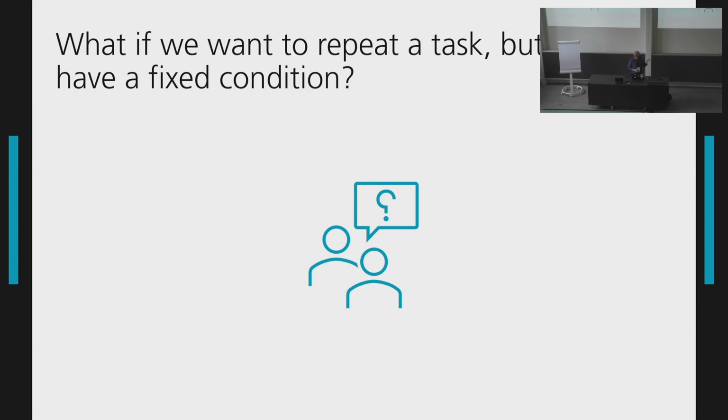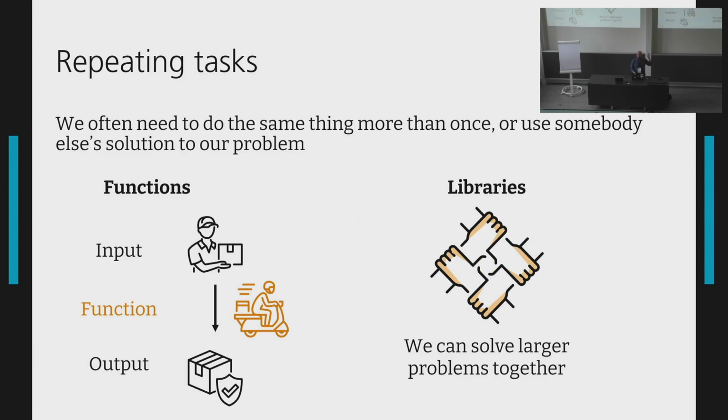But before we continue, I want to ask you, what happens when you don't have a fixed condition? What happens when you want to do something that's not necessarily repetitive? Well, that's when you get functions, right?